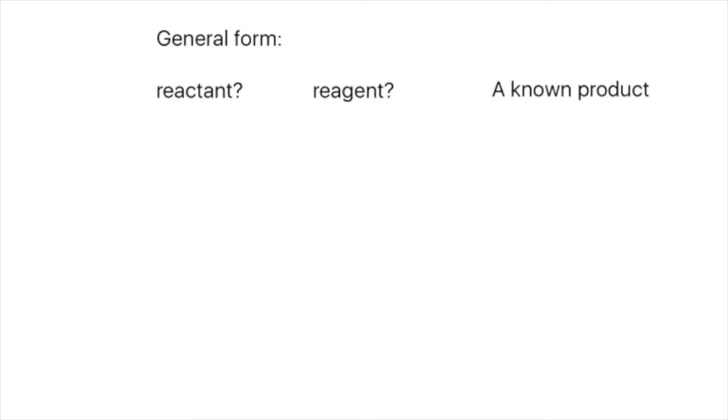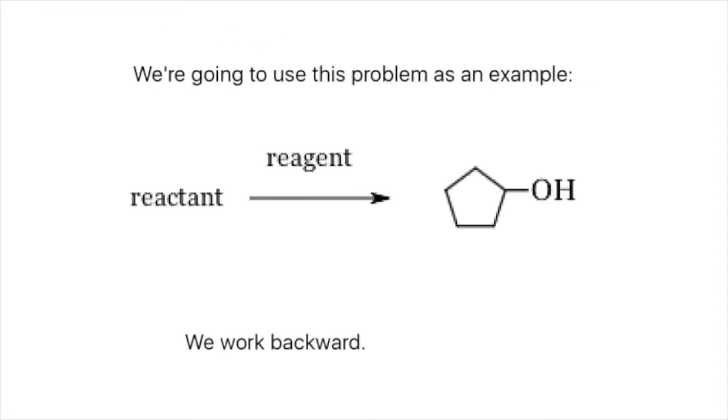In a general form, we're going to be solving this kind of problem: a reactant, which we don't know, a reagent, which we don't know, and making a known product. We're going to use this problem as an example. We have a reactant acting in the presence of a reagent, producing cyclopentanol.